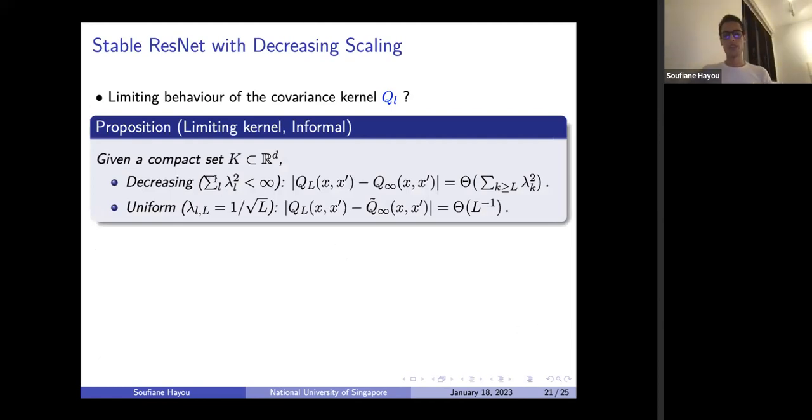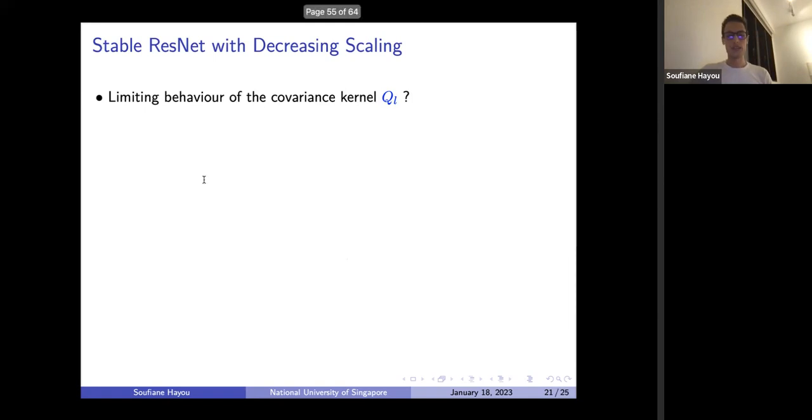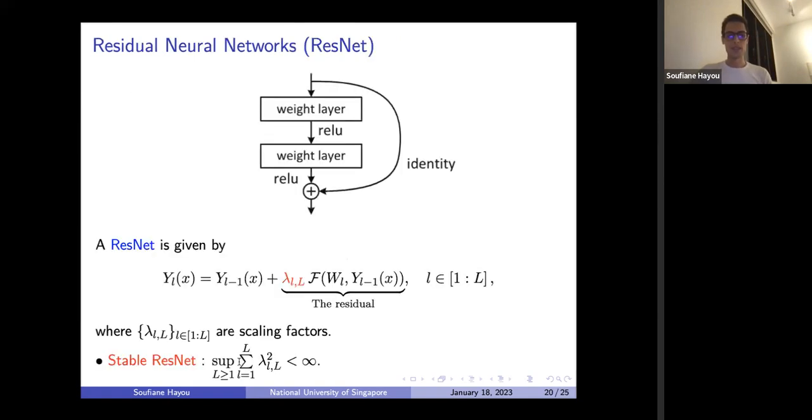So you can think of a lot of different scaling sequences that satisfy this property. For example, if you choose this lambda_L to be uniform, so lambda_L equals 1 over square root of capital L, so 1 over square root of depth, it naturally satisfies this because this sum will be just equal to 1, and it remains bounded.